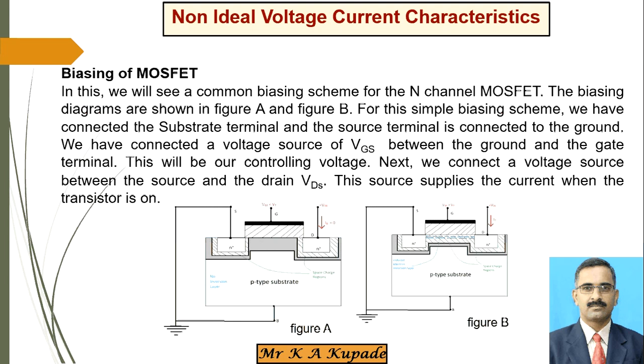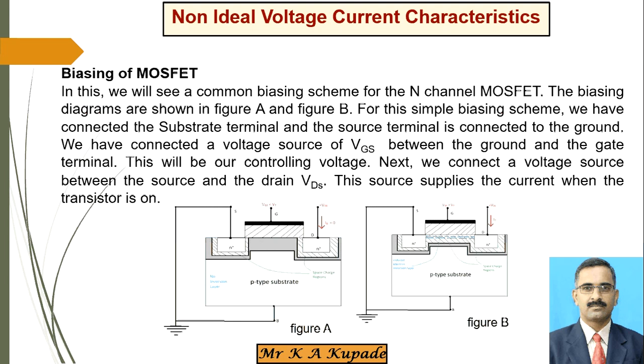In this situation, when the gate voltage VGS is very much less than the threshold voltage, there is no inversion layer generated in the channel, and due to that, no current flows. That means ID is equal to 0. This is considered in figure A.